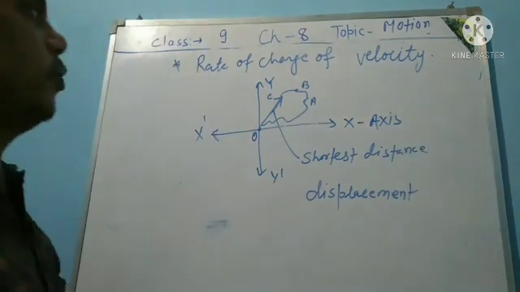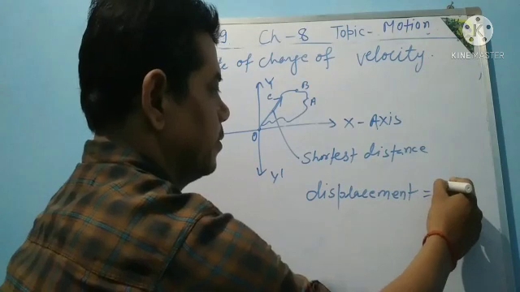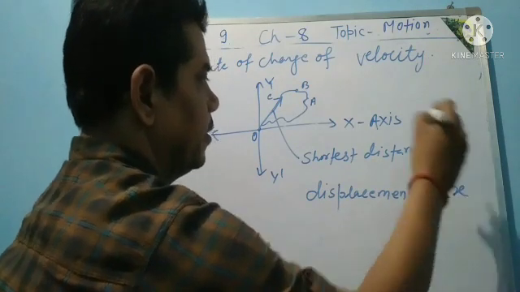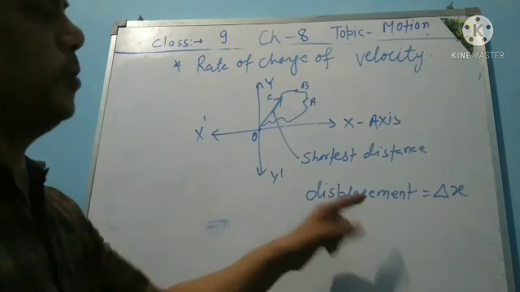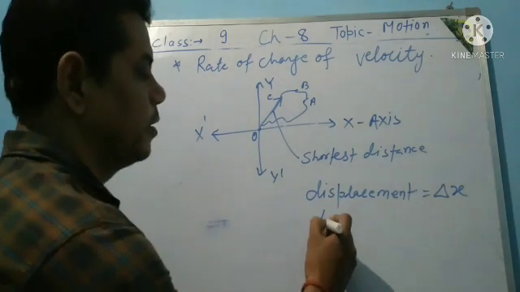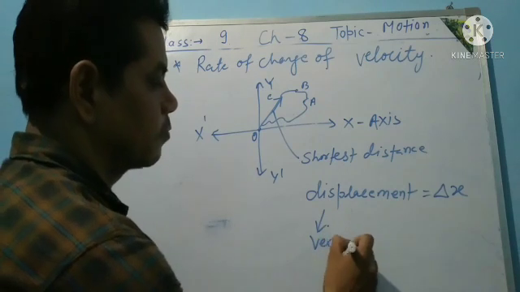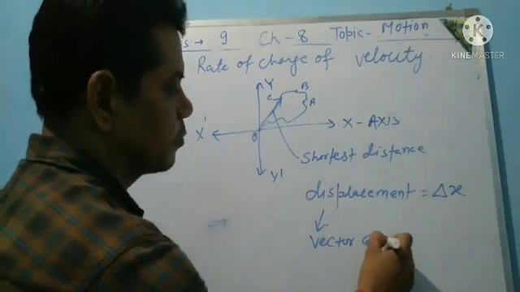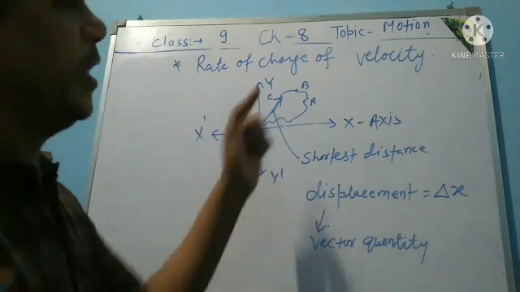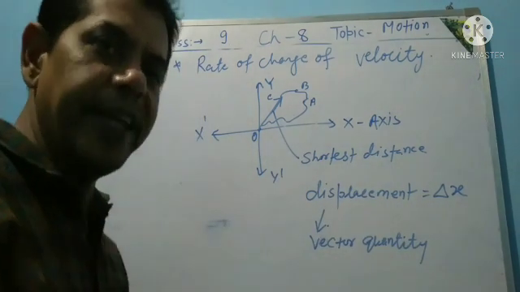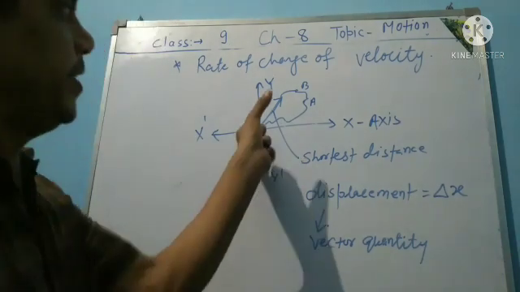That is denoted by del x, that is displacement. Displacement is a vector quantity because it has magnitude, direction and vector sum of that distance.